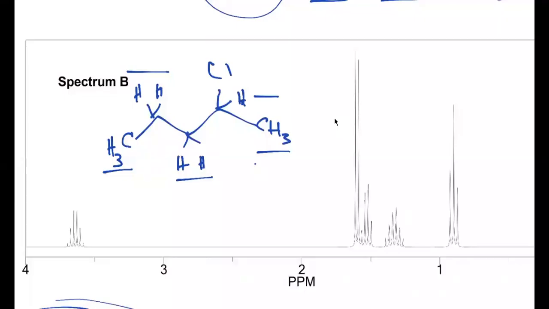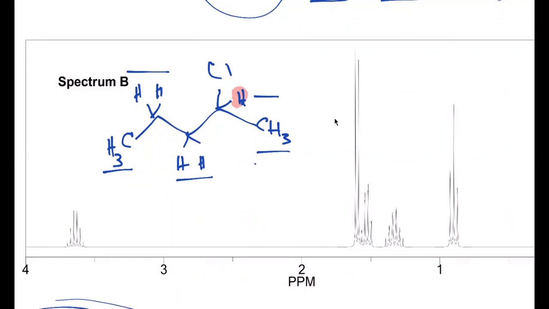So yeah, 5 signals. Which one is going to be the furthest downfield? The one next to the chlorine. Yes, good, excellent. And then what's the splitting pattern going to be? How many lines will the signal be broken up into?